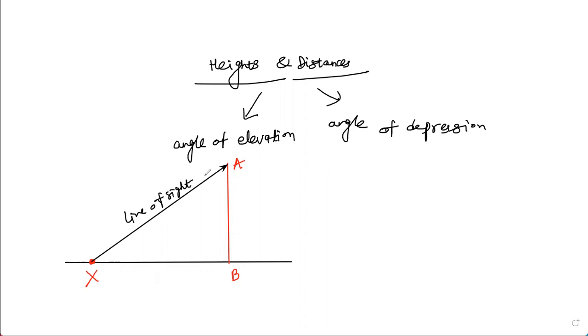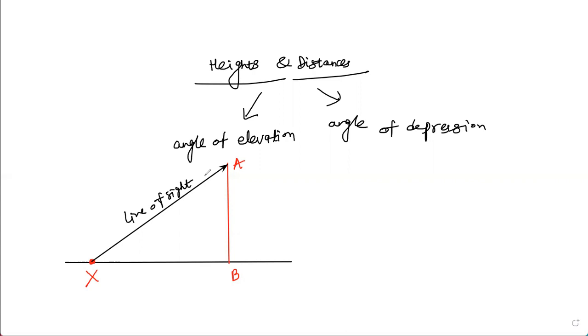Now the angle that this line of sight is making with the horizontal. Horizontal is always based on the location from where we are watching a particular thing. So according to the point X, our horizontal is XP.